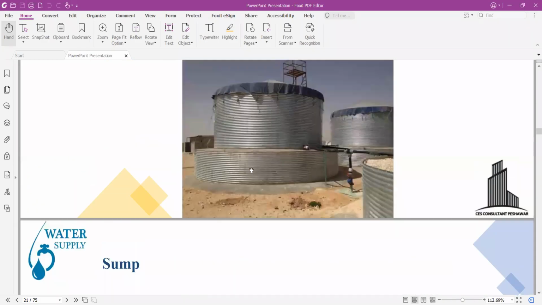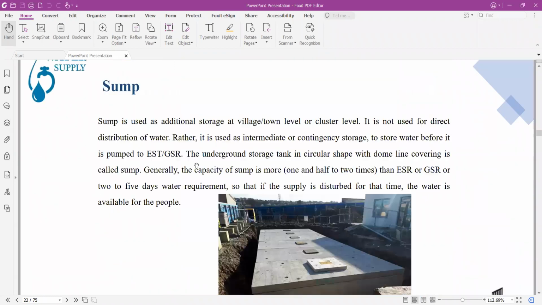Some is just like a ground surface reservoir, but it is installed under the ground.